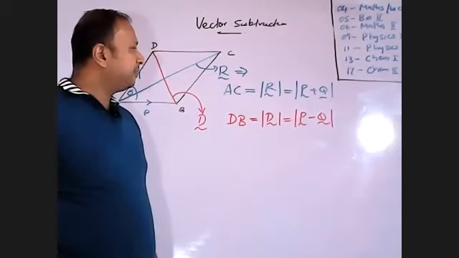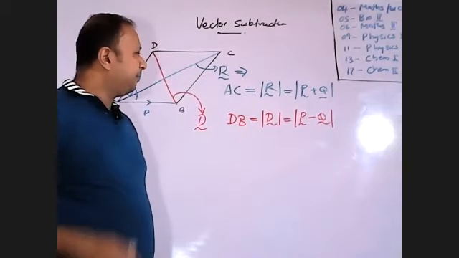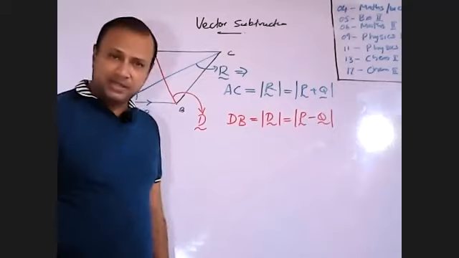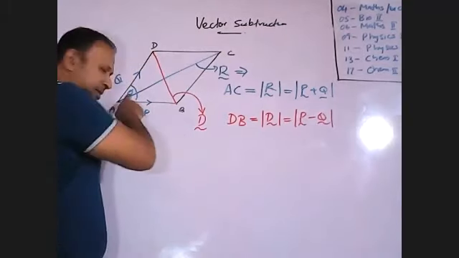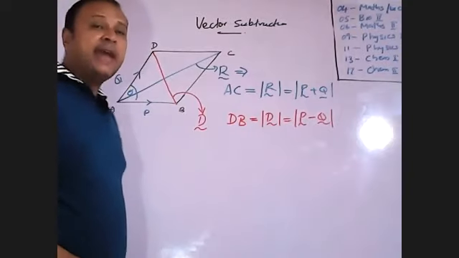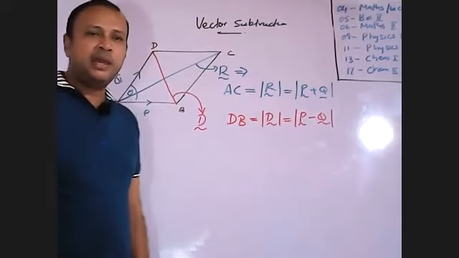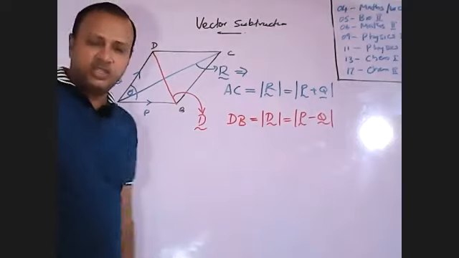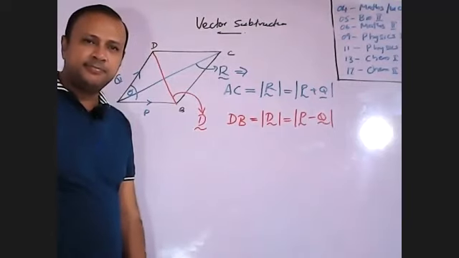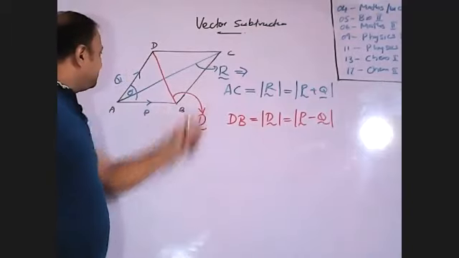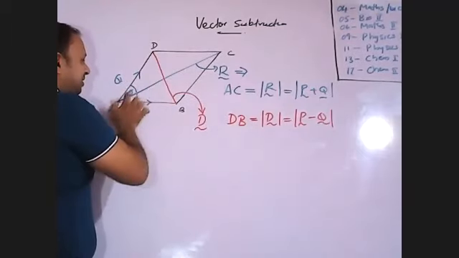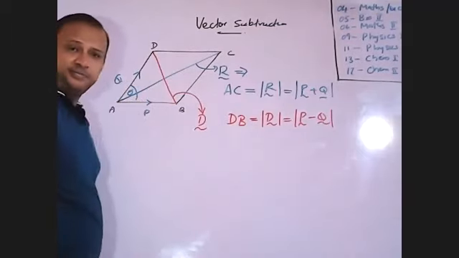If they say the P plus Q vector bisects the angle between the two forces, that means the AC diagonal is the bisector of this angle.